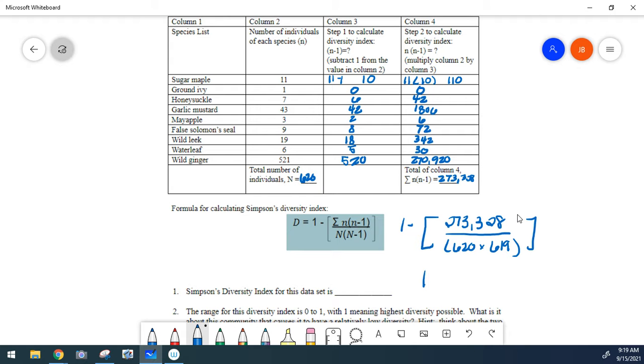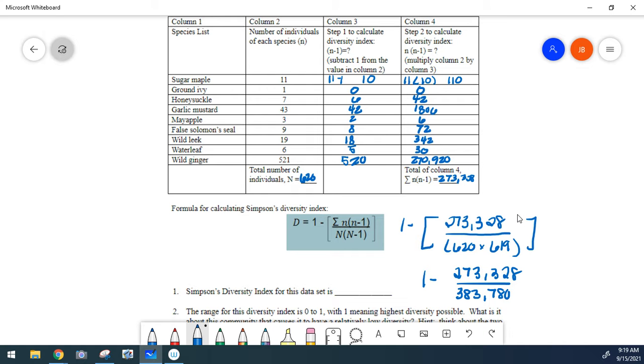So that gives me 1 minus 273,328 over, and if I multiply that, I get 383,780.